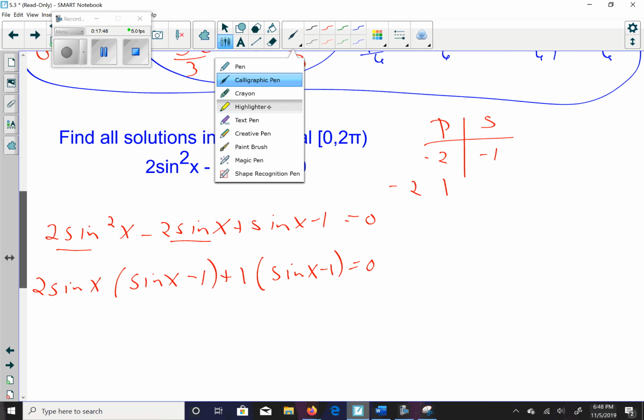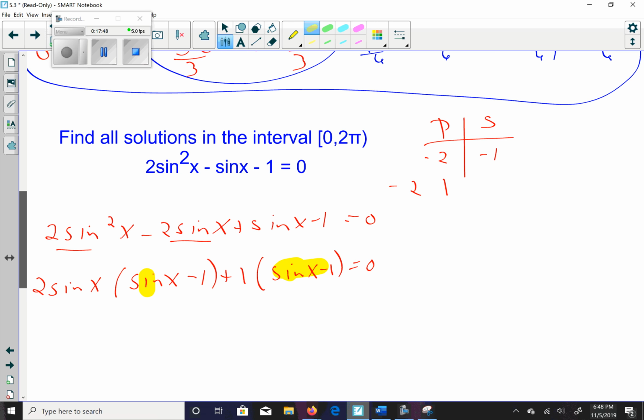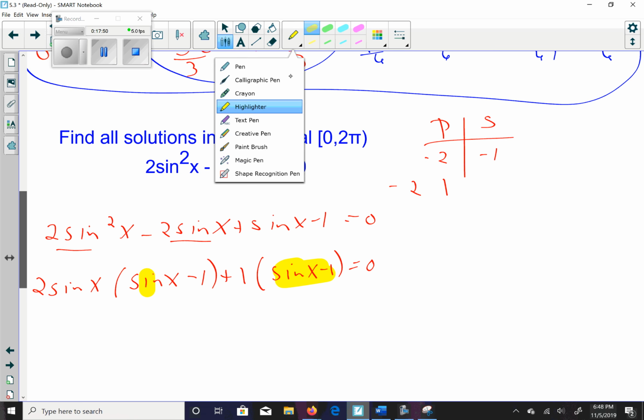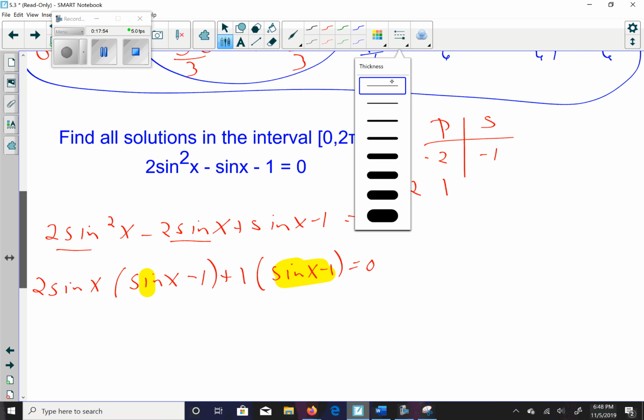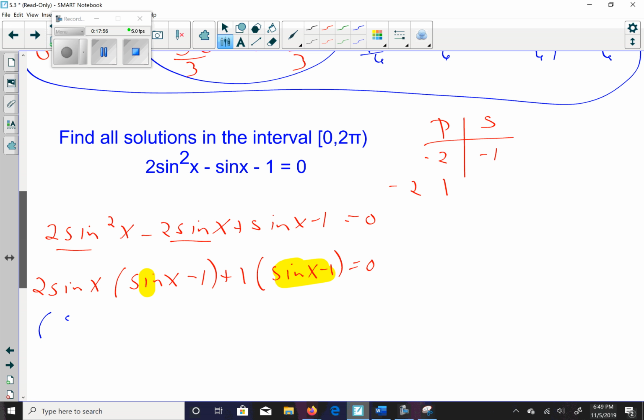These two are what I have in common, so when I factor those out, I'm going to have sine of x minus 1 times 2 sine x plus 1 is equal to 0.